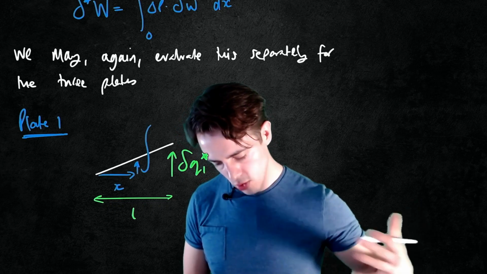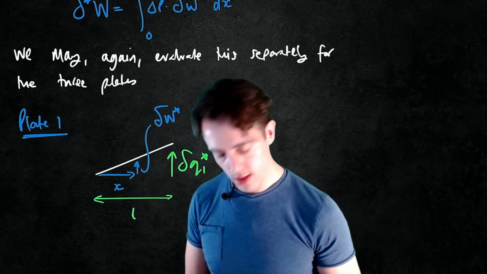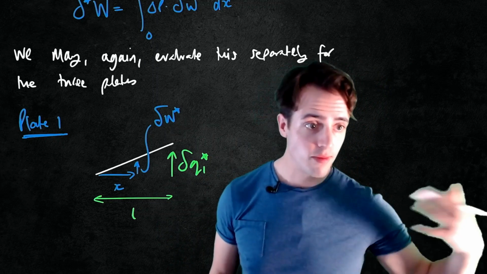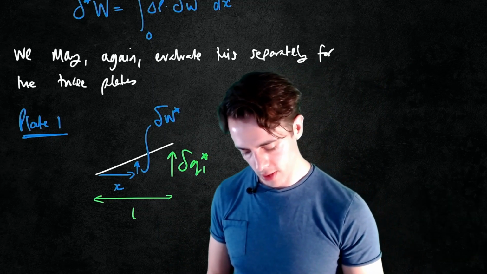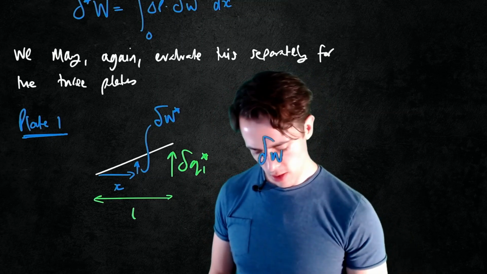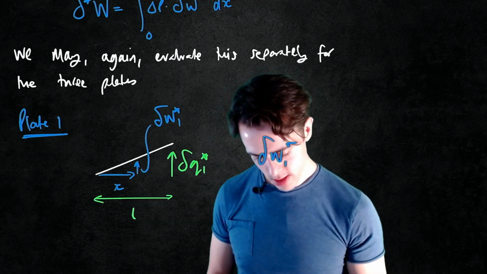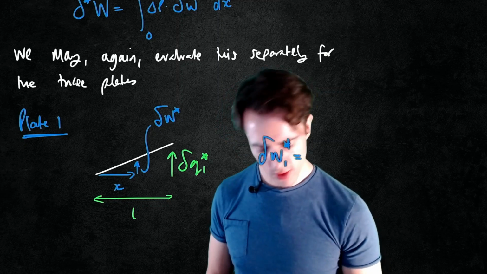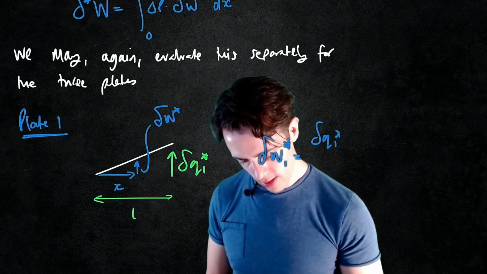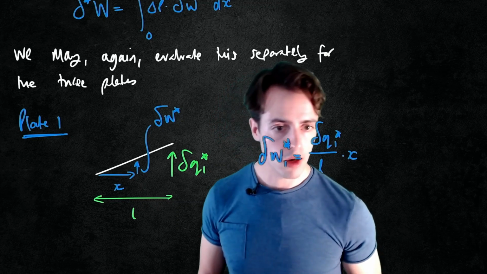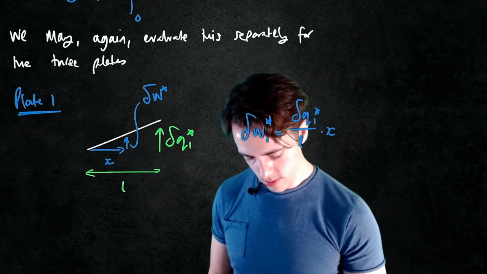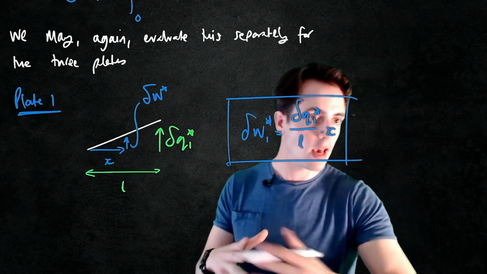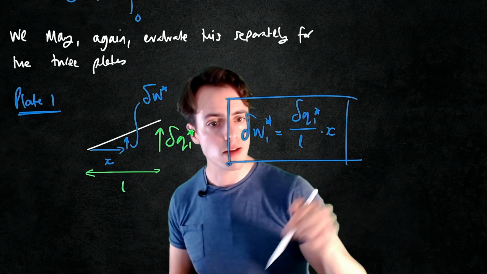So this is that small variation that we need, which is delta W star, the virtual displacement at that point. From very similar reasoning to what we saw before using similar triangles, we can see that delta W1 star is equal to delta Q1 star divided by L, times X. So that's the virtual displacement due to delta Q1 as a function of the distance X.